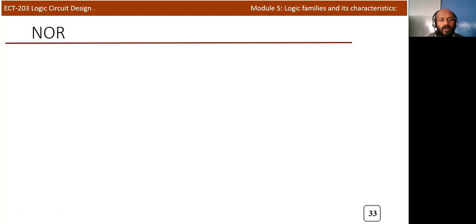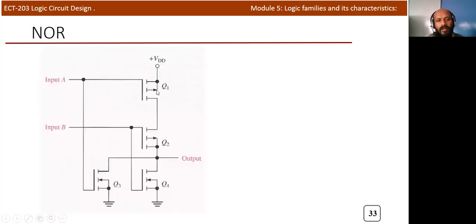Now we need to discuss the NOR gate. I already mentioned that for a gate we need two connections. In the lower portion you will use NMOS transistors, and in the upper portion you will use PMOS. The same input A is connected to the upper portion and lower portion, similarly B. And output is taken from the center point.